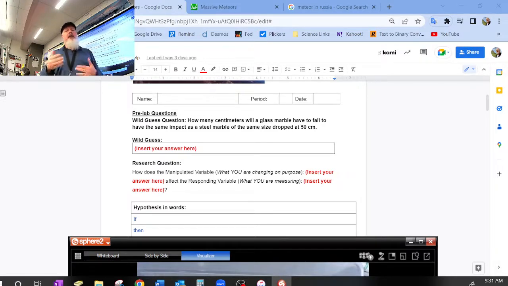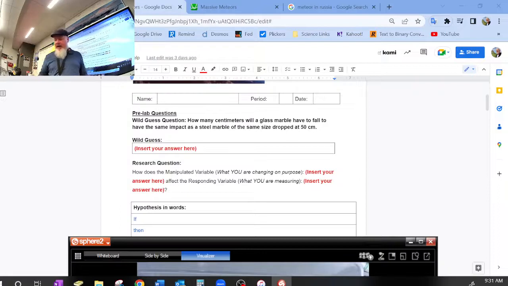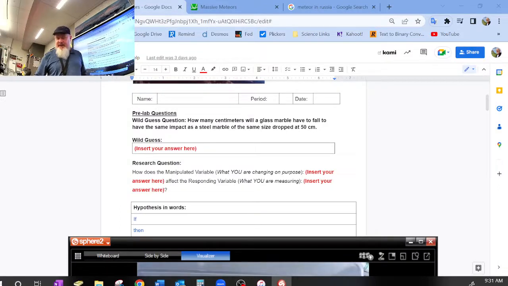The glass marble has a smaller mass than the steel marble does. However, if I increase the height from which it's falling, that will increase its acceleration. It's had longer to accelerate, and it will hit the ground with a greater impact.